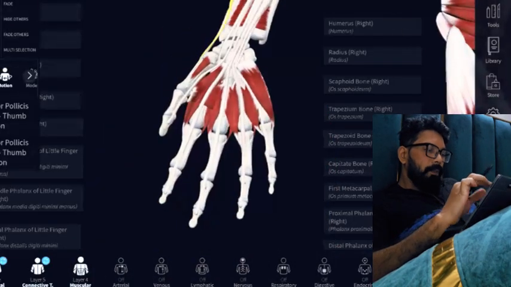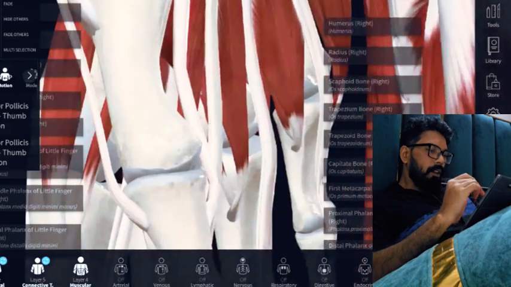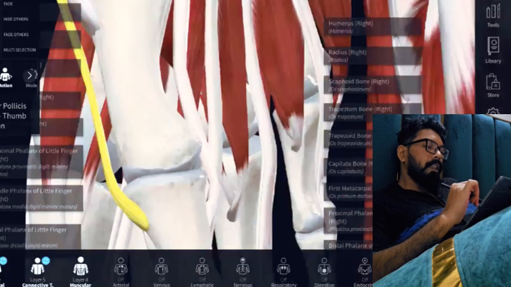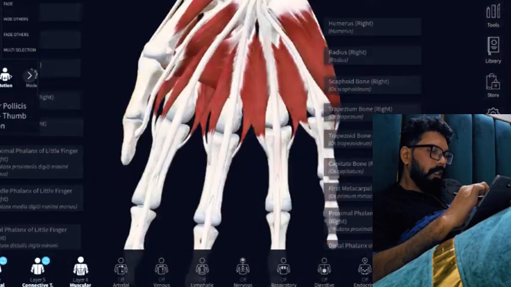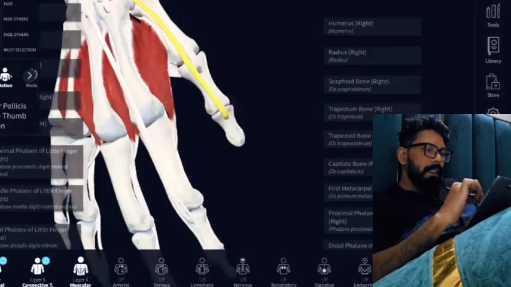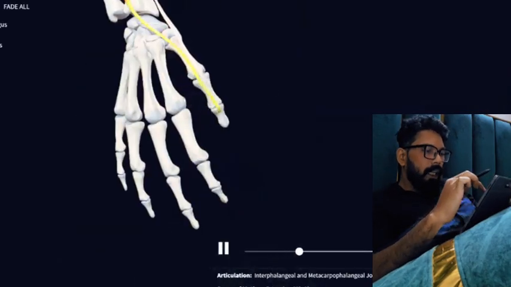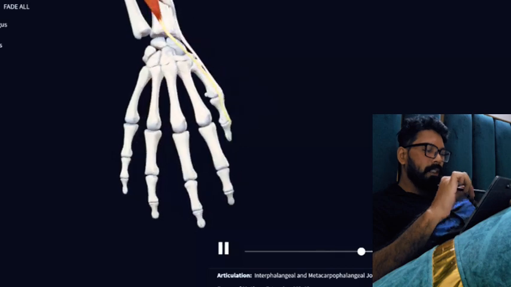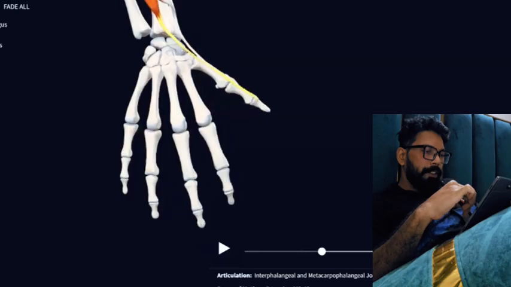Then just let me show you. Just like flexor pollicis longus, we have extensor pollicis longus, which is on the opposite side of flexor pollicis longus. At the IP joint, if flexor pollicis longus flexes the IP joint, extensor pollicis longus will extend the IP joint. That means palm facing downwards and finger lifted above your table.